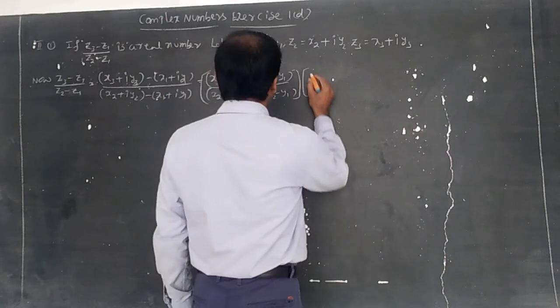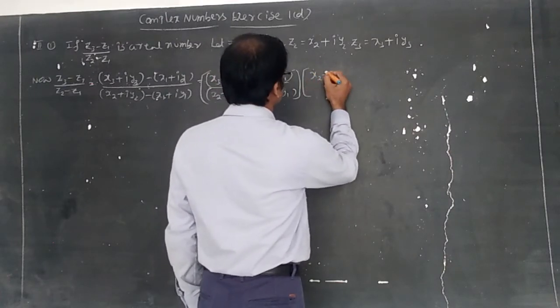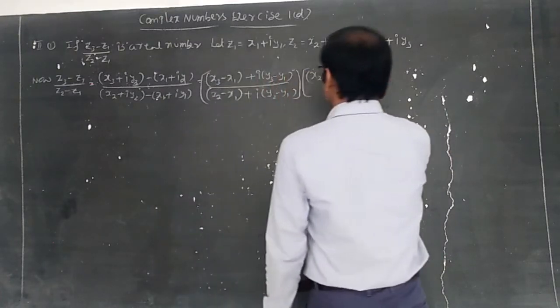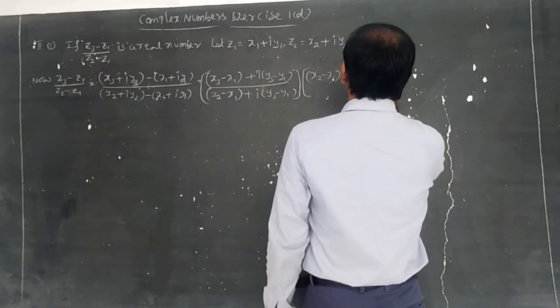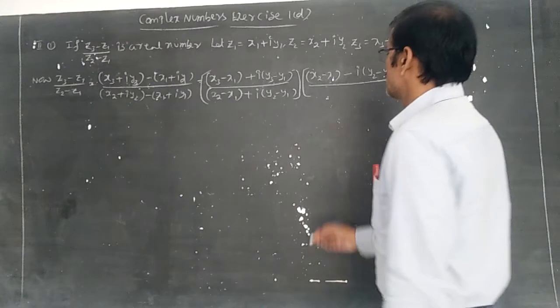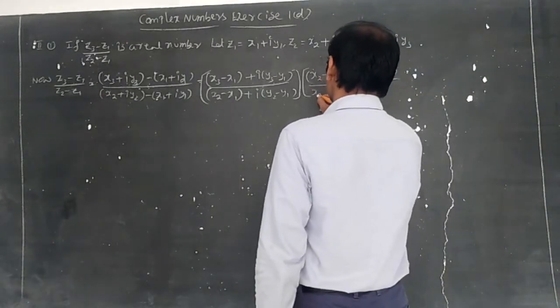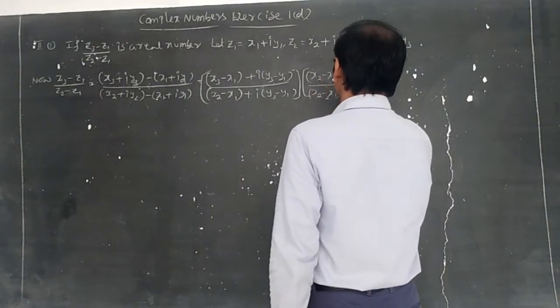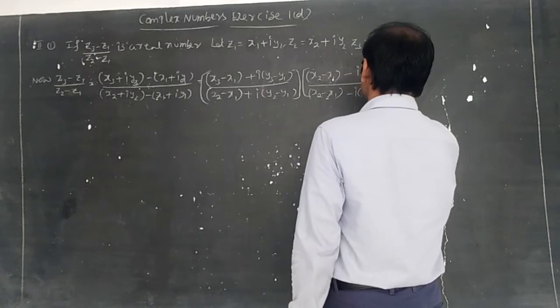Rationalize the denominator, that is, multiply by (x2 minus x1) minus i into (y2 minus y1) over (x2 minus x1) minus i into (y2 minus y1).